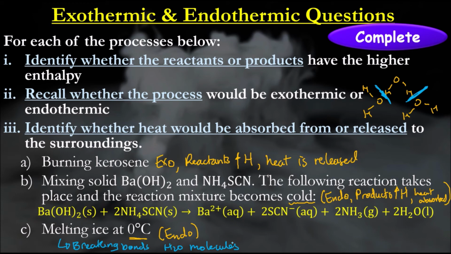To break it, we already said we need energy. So all that energy from changing the temperature actually goes into breaking the chemical bonds, and so the products will have a higher enthalpy because it's an endothermic reaction, and it also means heat has been absorbed.